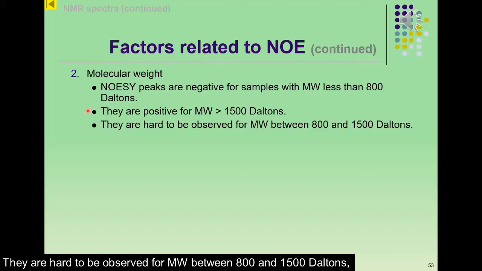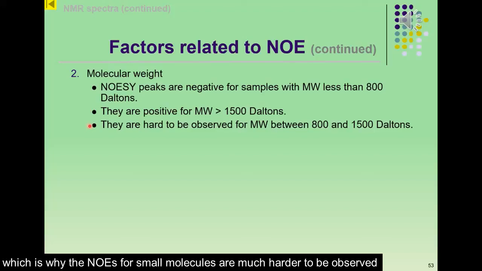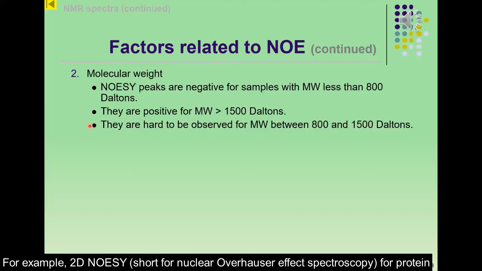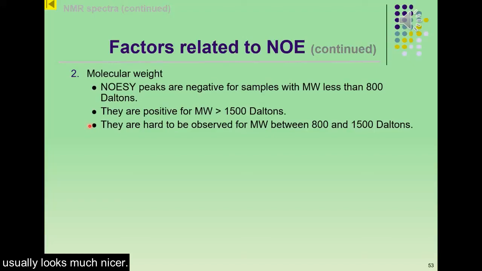They are hard to observe for molecular weight between 800 and 1500 daltons, which is why NOEs for small molecules are much harder to observe than those for macromolecules. For example, 2D NOESY, short for nuclear Overhauser effect spectroscopy, for a protein usually looks much nicer.